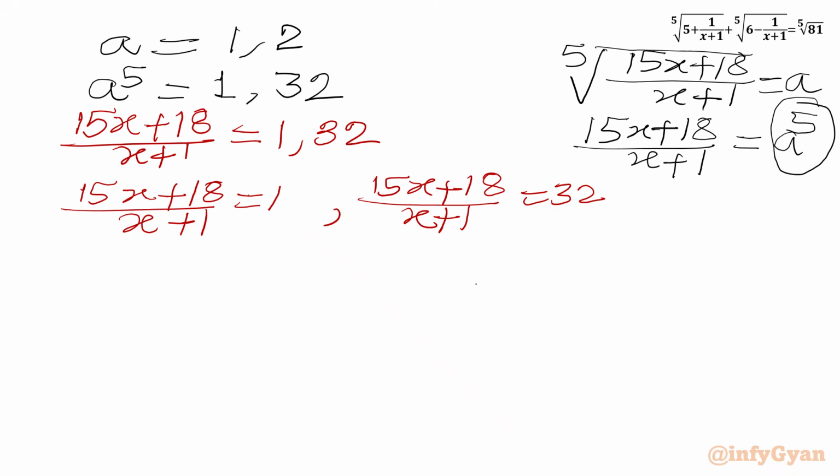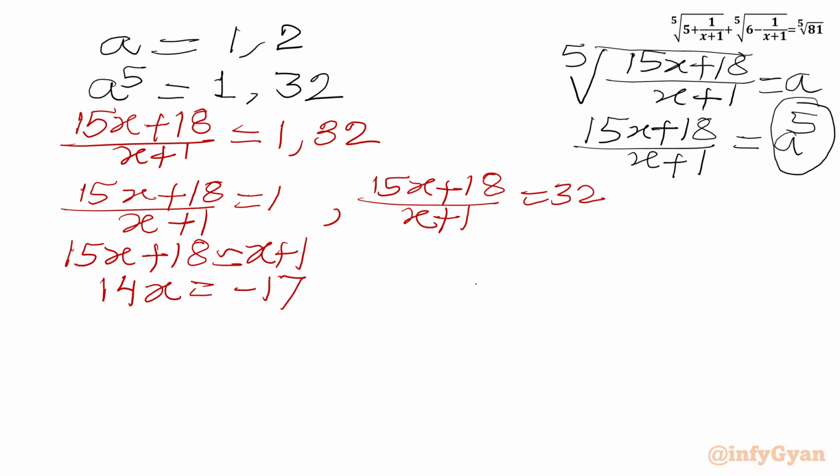We will get 15x + 18 = x + 1. Rearranging terms, we will get 14x on LHS and −17 on RHS. By dividing by 14, we get our first real solution, −17/14.